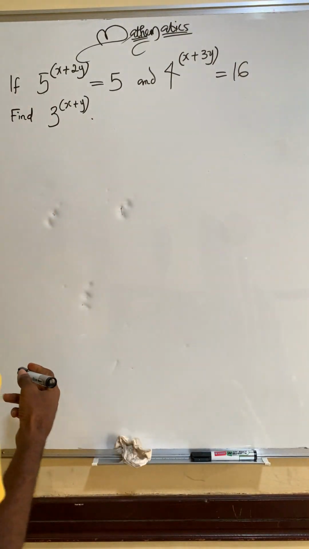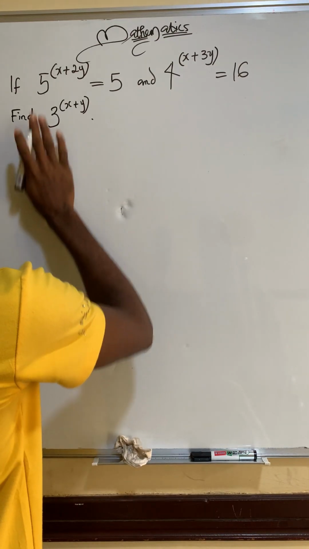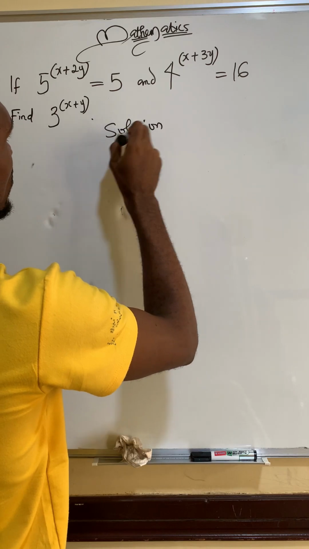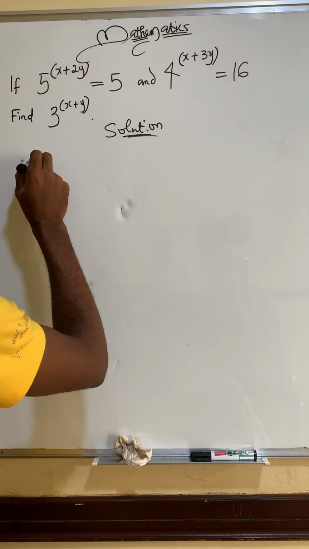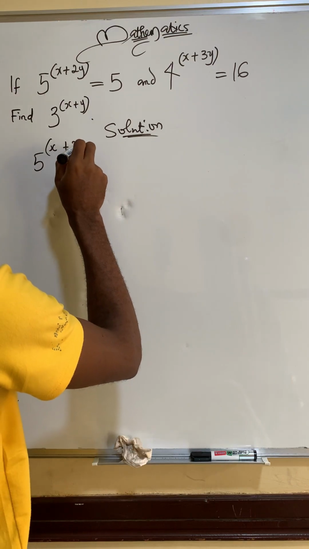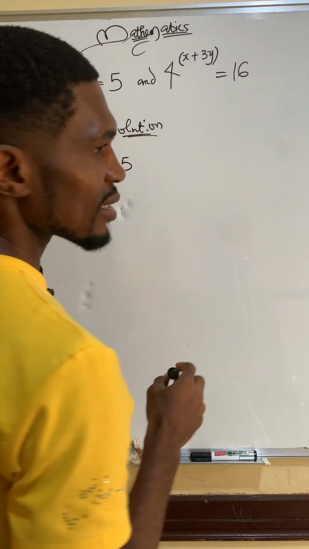So the question says 5 raised to power... Solution. The question says 5 raised to power x plus 2y is equal to 5, right?